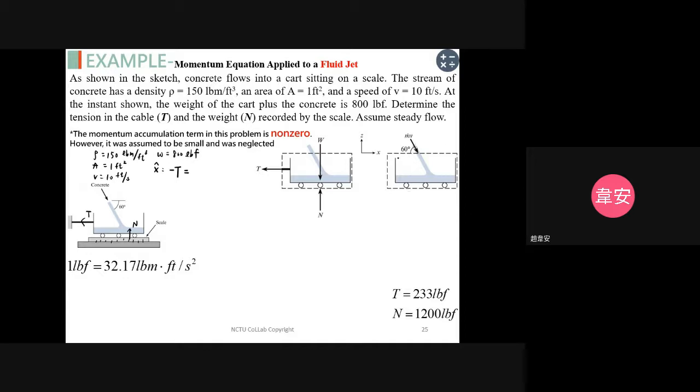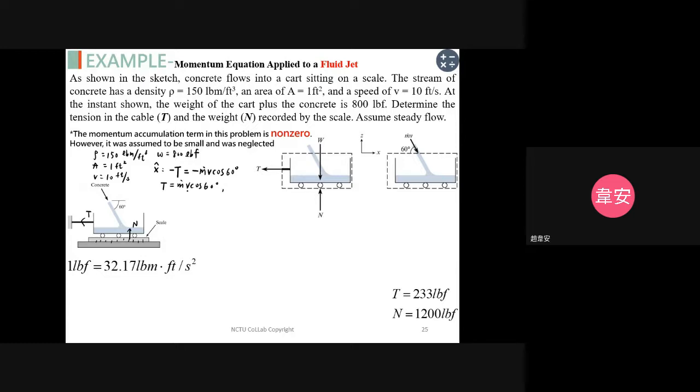There is no outflow momentum. For the inflow we have minus m rate, and we convert the flow velocity to the x direction as V cosine 60 degrees. So the tension force is equal to m rate times V cosine 60 degrees.